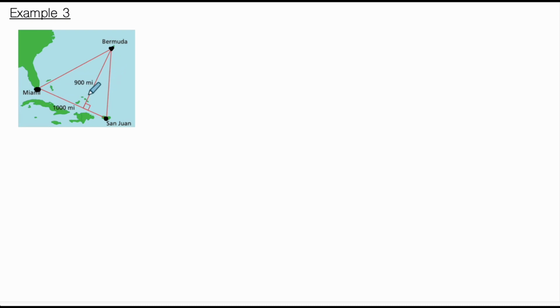How much space is that? Well, the area of the Bermuda Triangle is equal to the base of the triangle that was formed multiplied by the height of the triangle that was formed and then cut in half.